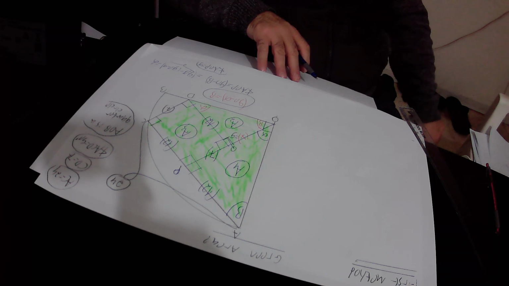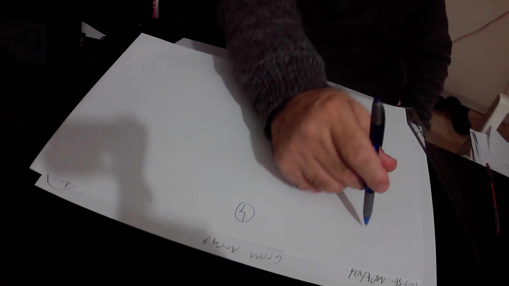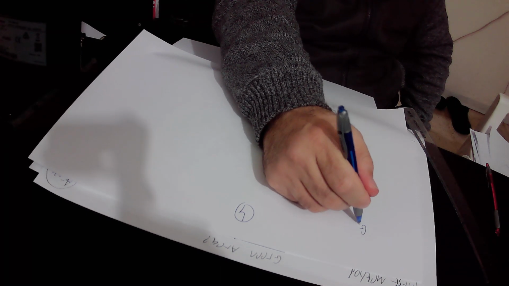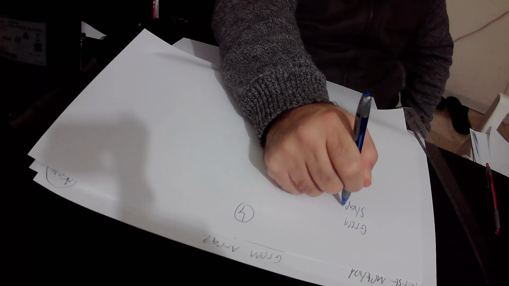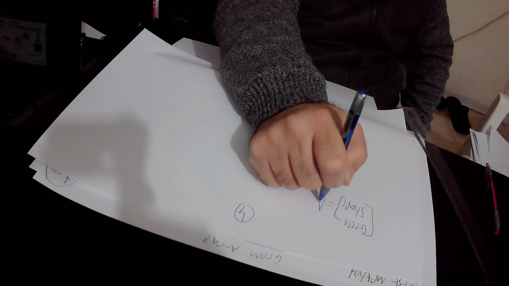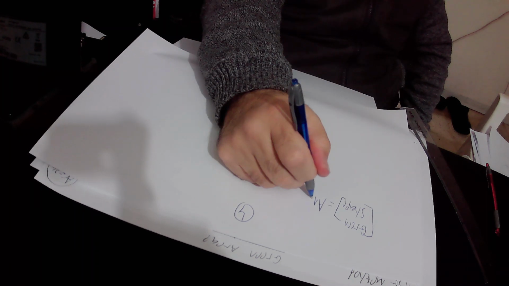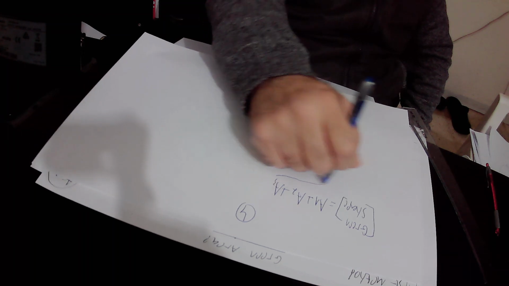Okay, so I write it down. The area of the green shape in total must be equal to A1 plus A2 plus A3.